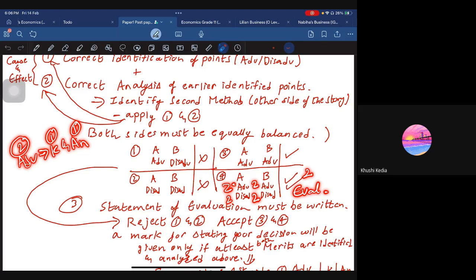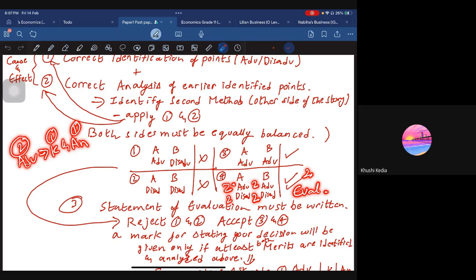Yes, there is no doubt about it. But what actually happens is that when students are writing the advantages and giving a chain of it, sometimes the chain is not accepted, sometimes the advantage is not accepted, and this can happen. So just to be on the safer side, is it a safer side to do that?